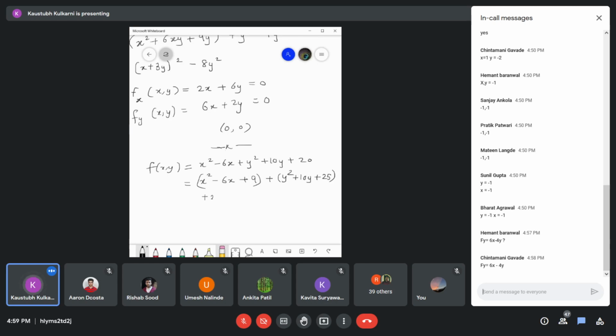Then you have this constant term 20 minus 9 minus 25. It is nothing but x minus 3 square plus y plus 5 square minus 14, because 20 minus 9 minus 25 is minus 14.